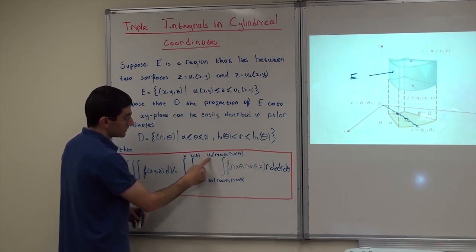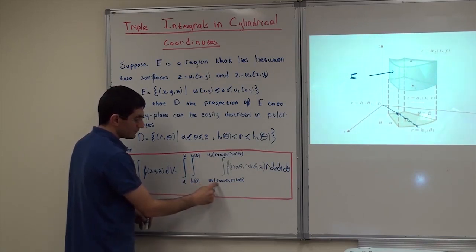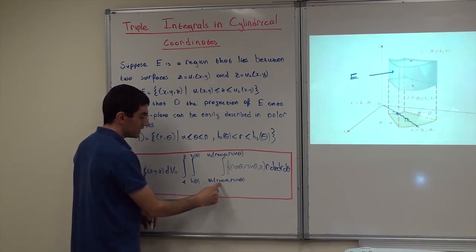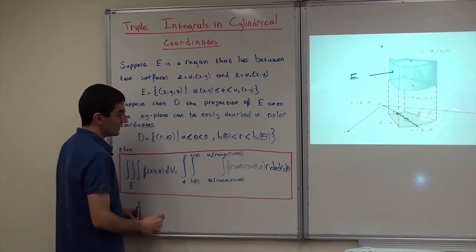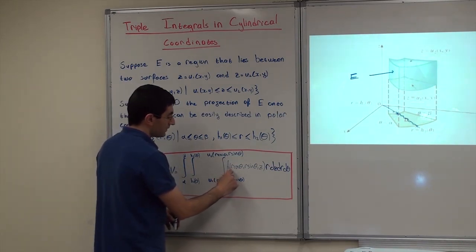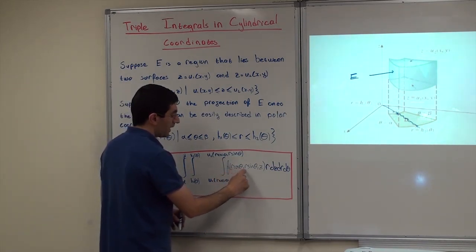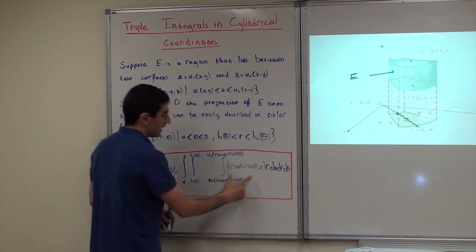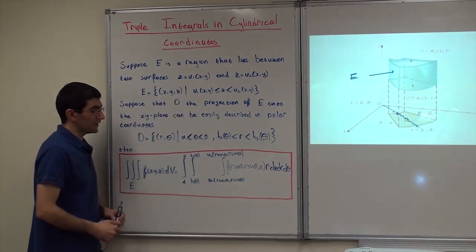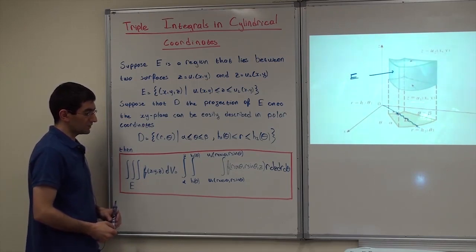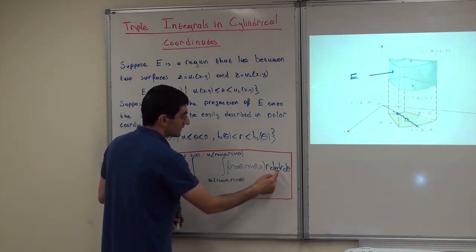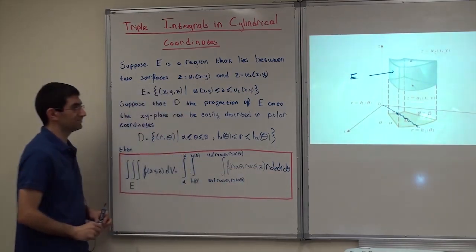Now, if you have noticed, we have changed the Cartesian coordinates x and y into cylindrical coordinates in the function f(r cosine theta, r sine theta, z). Again, in the function we change the Cartesian coordinates into cylindrical coordinates, and then times r, dz, dr, d theta.